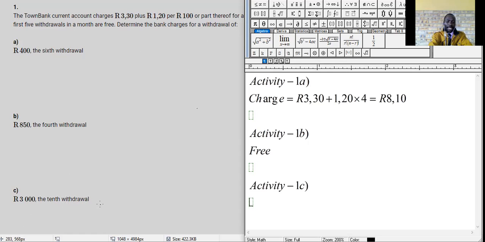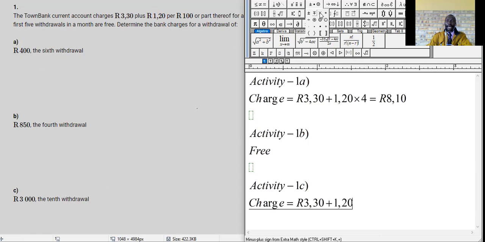So now we say the charge in this case is going to be the 3.30 plus the 1.20 times the number of tens in 3,000. Well, turns out that there are 30 tens. You see?